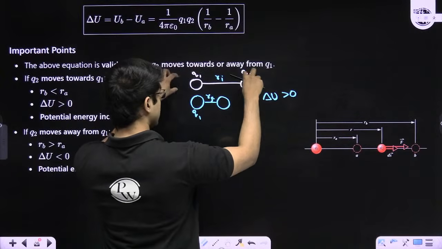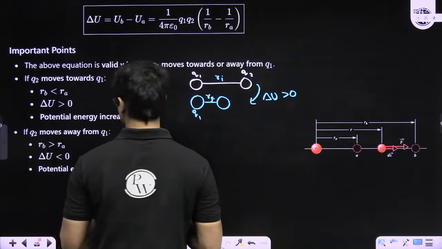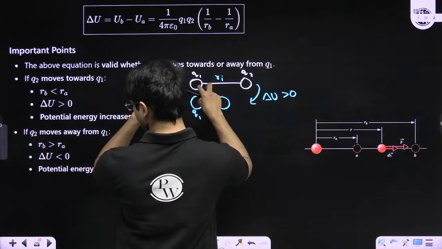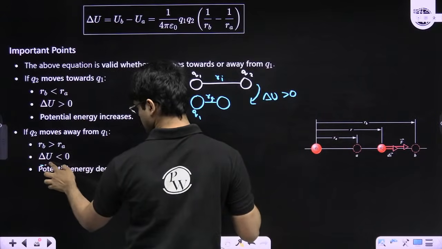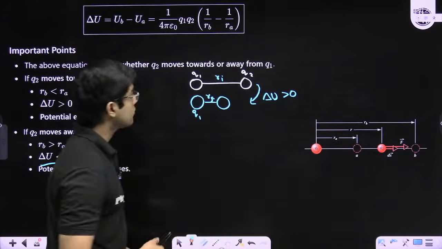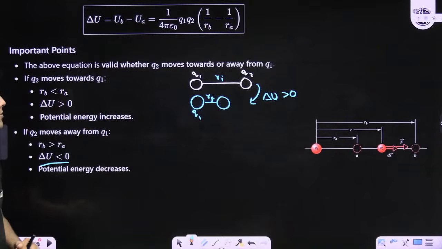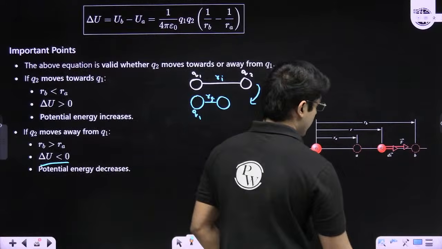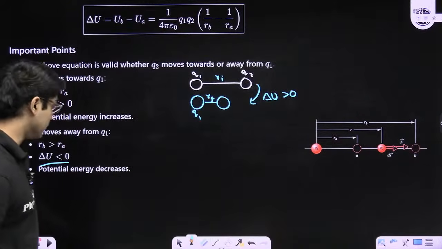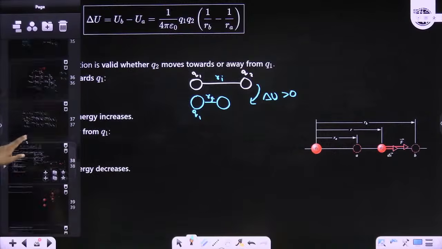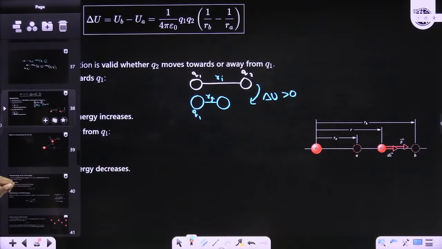So if you bring them closer to each other, potential energy increases, and if you make them go away from each other, the potential energy decreases. That is something to notice. So that is the potential difference that we calculated.